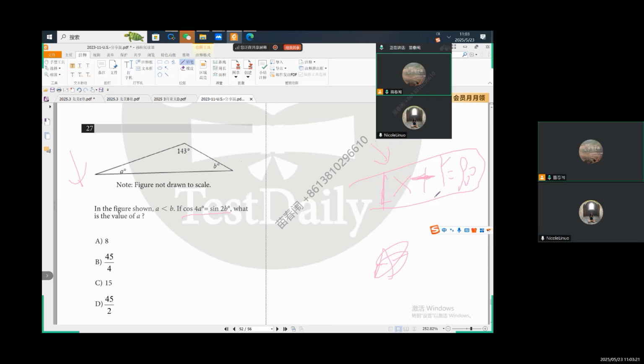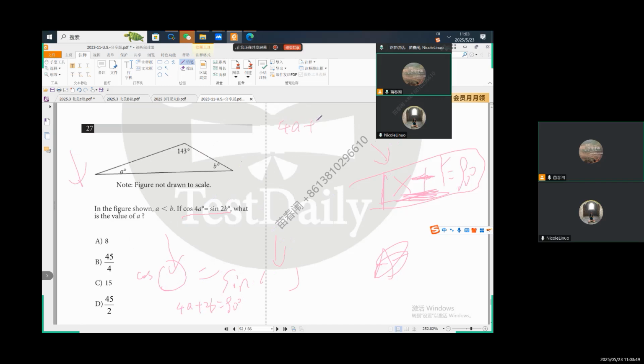We can also use this one, where cos of something equals sin of something, right? So I should use this one and add it to get 90, right? Which means 4a plus 2b is 90, right? Yeah, that's a good one.